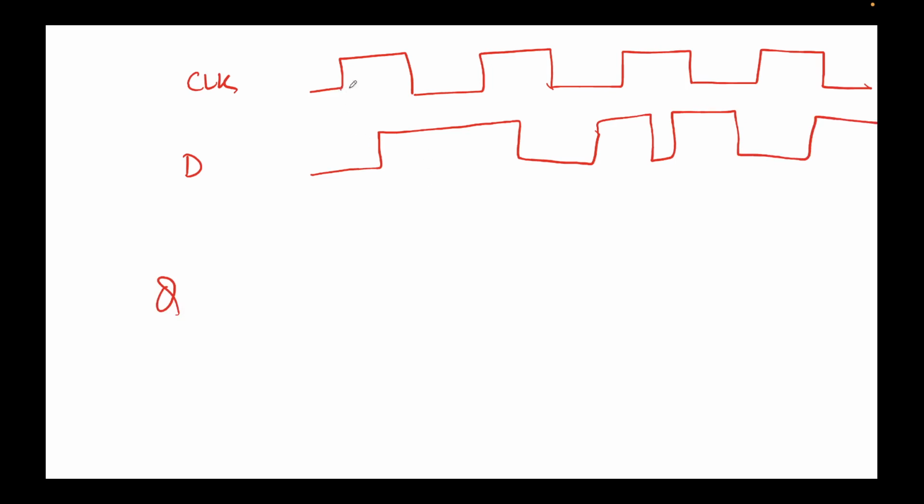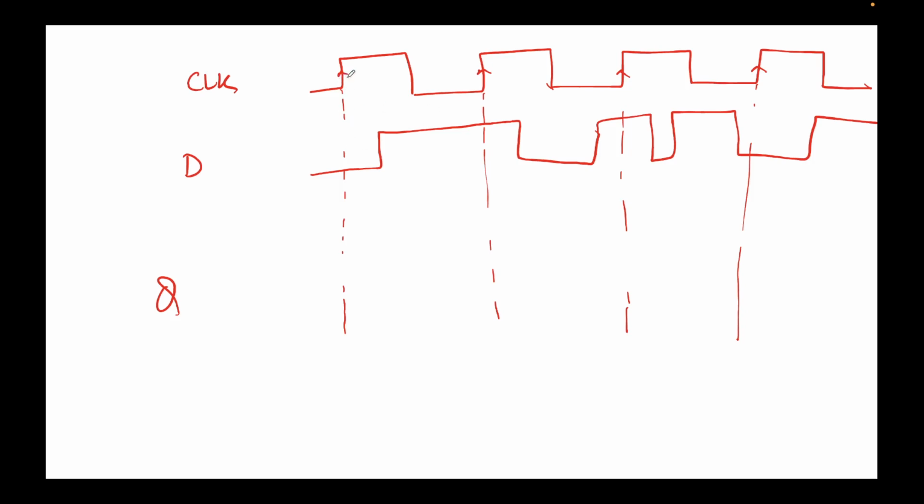I'm assuming that whatever changes happen will only happen at this edge, when the clock is rising. There are many flavors of a D flip flop. It can be rising edge, falling edge, and many other things, but I'm just telling you a very simplistic picture. So the only thing of interest is what's happening at this clock edge. If there are any other changes, I'll ignore that.